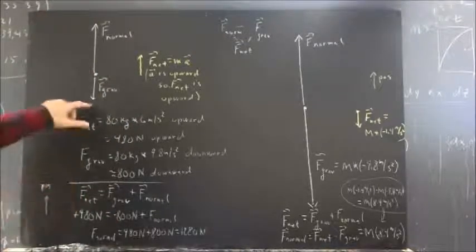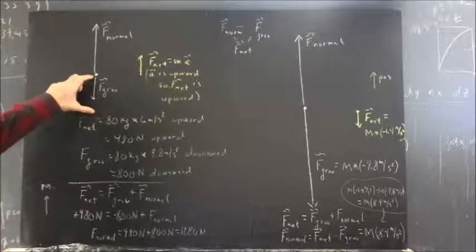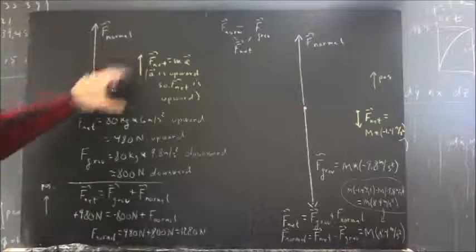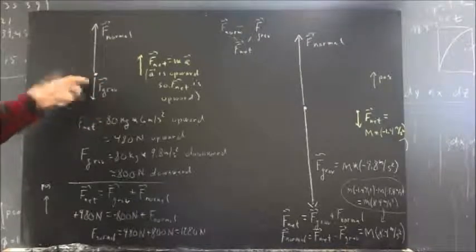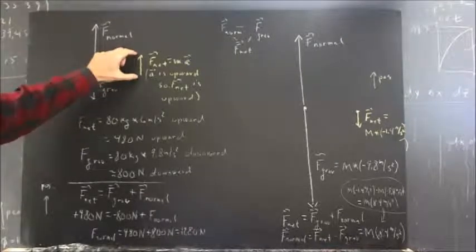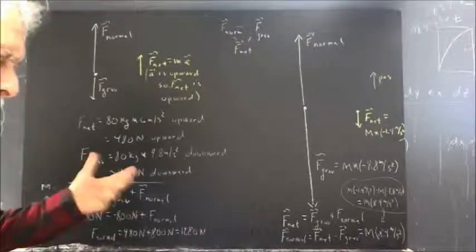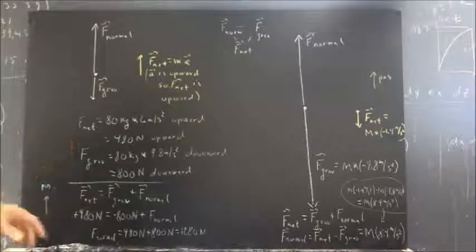So I'm going to extend that gravitational force vector down to about here, so it's in the right proportion with this vector. Remember, you have an acceleration of 9.8 meters per second squared on a mass here, and on the same mass, 6 meters per second squared here.